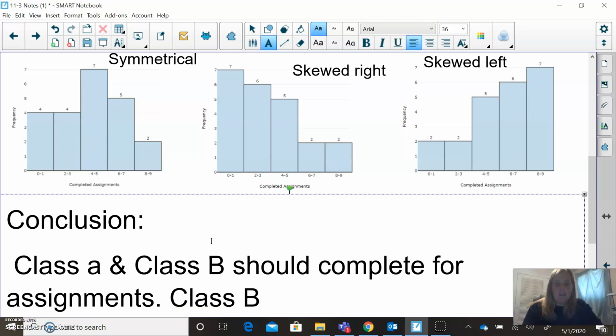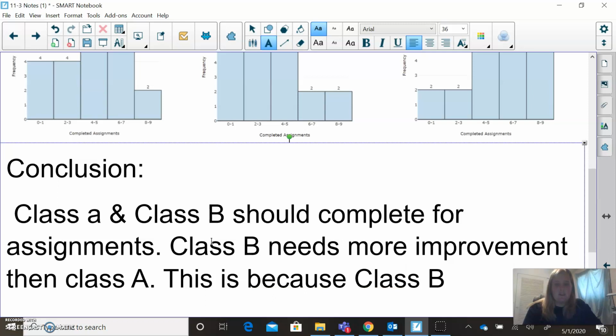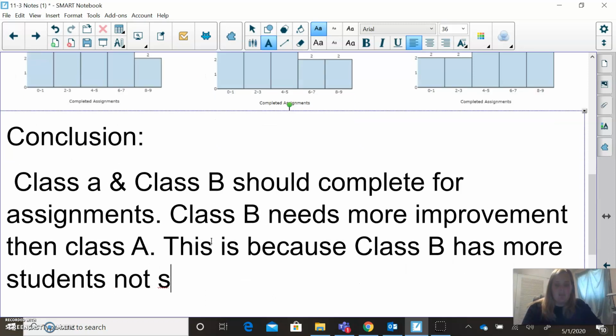Class B needs more improvement than class A. This is because class B has more students not completing assignments.